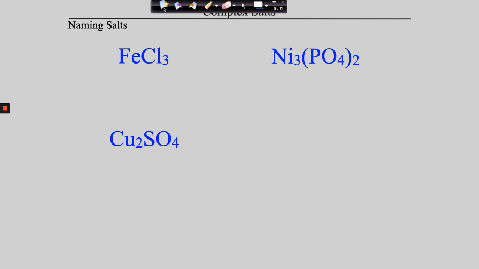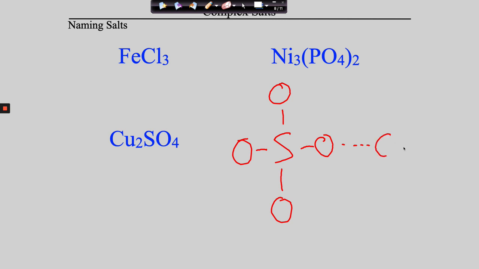If we could look at this, what you'd see is this. You'd see a sulfur bonded to oxygens, and I'm not going to put all the electrons on there. And then this would be ionically bonded to a copper and ionically bonded to a copper. So the idea is that you have one SO4 and this whole thing is -2, and this has got to be +1 and this has got to be +1 for that to be neutral.